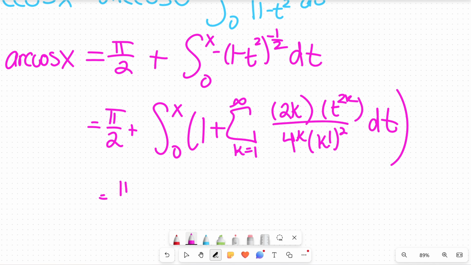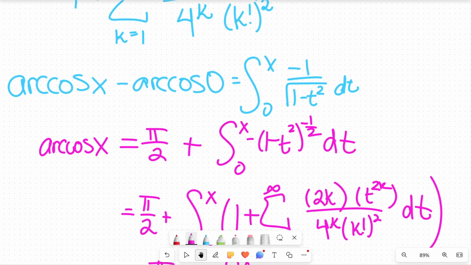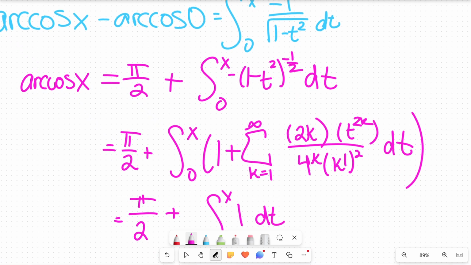So I have pi over 2, and then plus, I'm going to do from 0 to x of 1 dt. Actually, we can't forget about this negative out front from up here, so don't forget our negative.